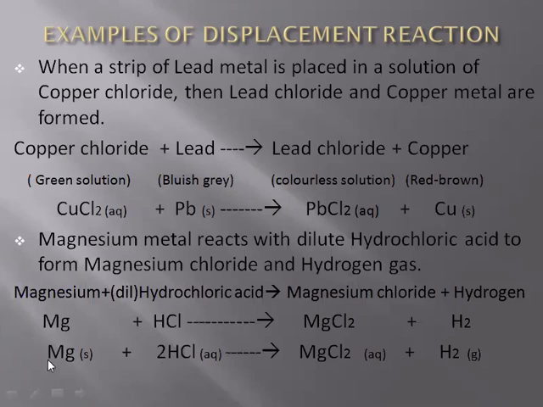With this, we have the balanced chemical equation: 1 molecule of magnesium combines with 2 molecules of hydrochloric acid to give 1 molecule of magnesium chloride and a molecule of hydrogen gas. These are the 3 examples of displacement reaction.